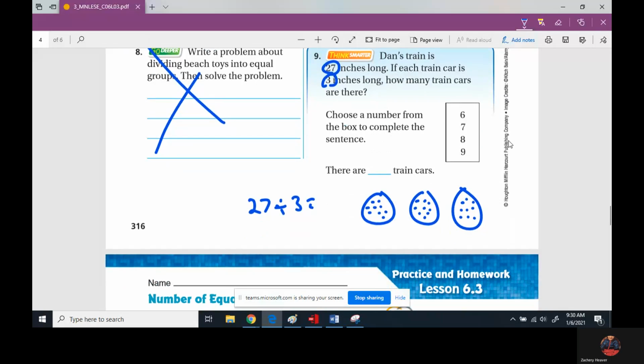Or we could skip count 3 to 27. So I have 3, 6, 9, 12, 15, 18, 21, 24, 27. I have 9. In here, I have 1, 2, 3, 4, 5, 6, 7, 8, 9. So we know our answer is 9. And I know that 9 times 3 is also 27. So we did all of it.